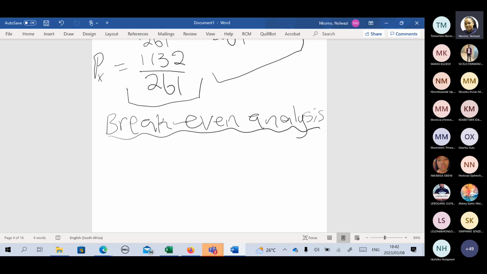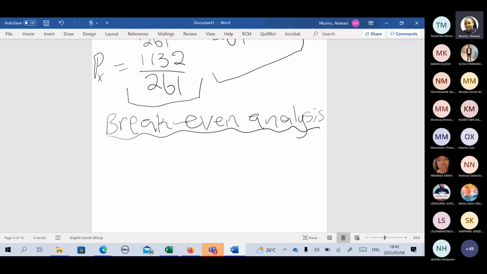So this means it is very important to know how much of the product you need to sell in order for you to start making profits. Like how much of the product you need to sell in order to cover the total cost, so that you start making the profit, right?